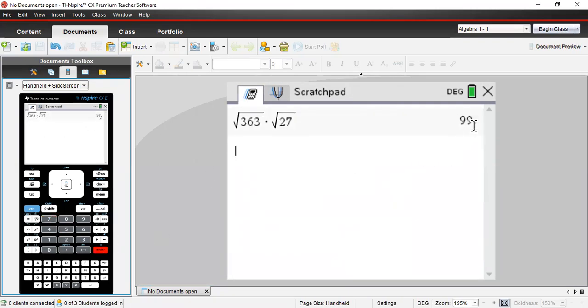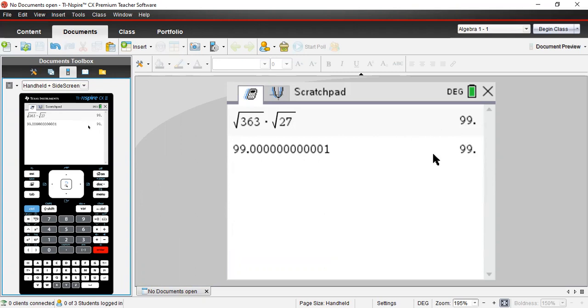The product is 99. Now, if I copy this number, it just has a bunch of zeros. But this is definitely a rational number. So when I press enter, you can see it's saying, hey, this is really close to 99.